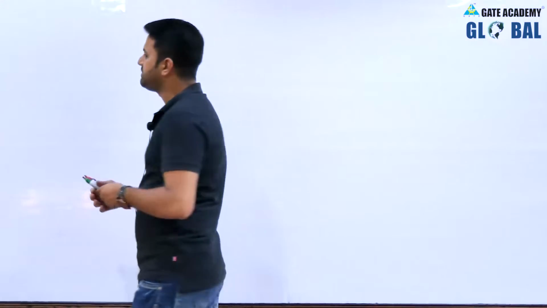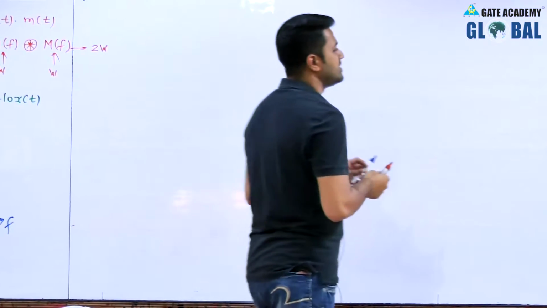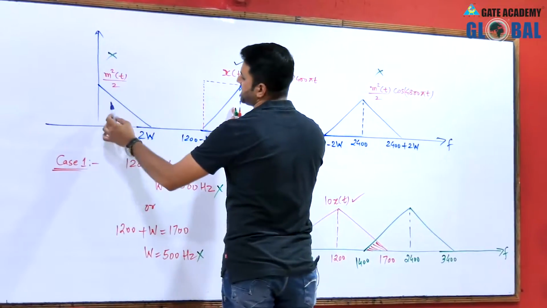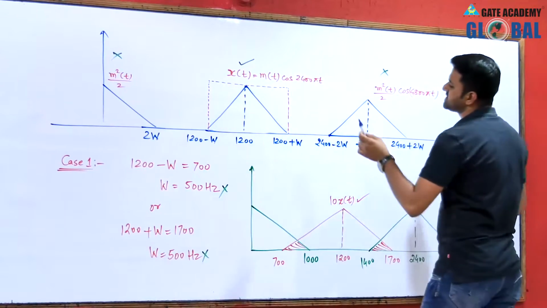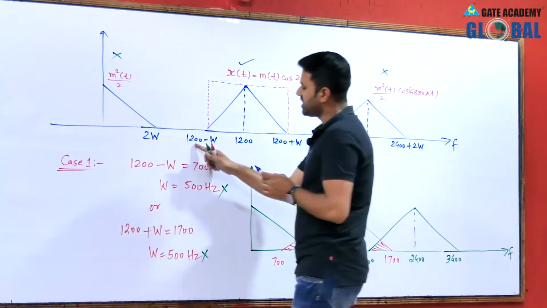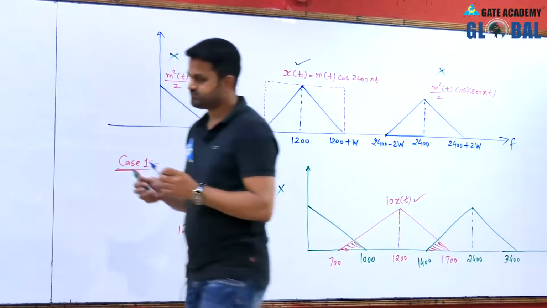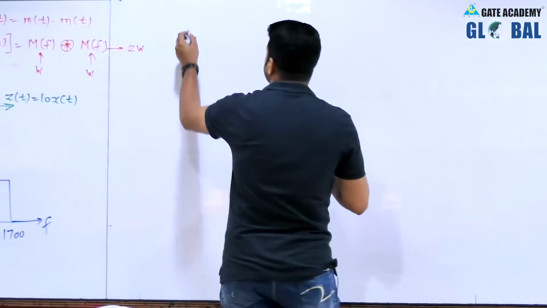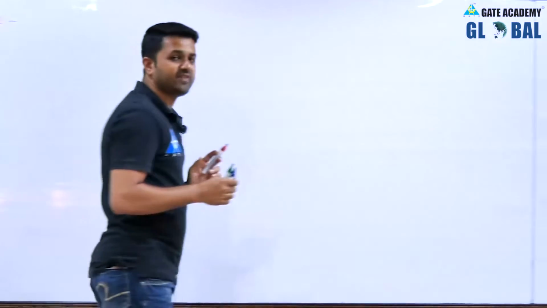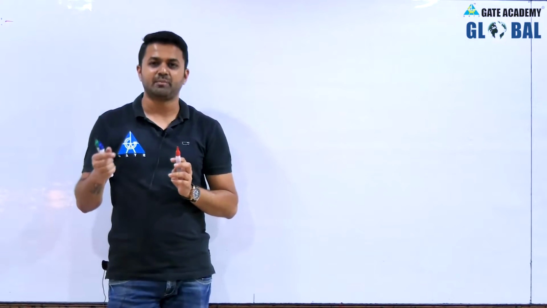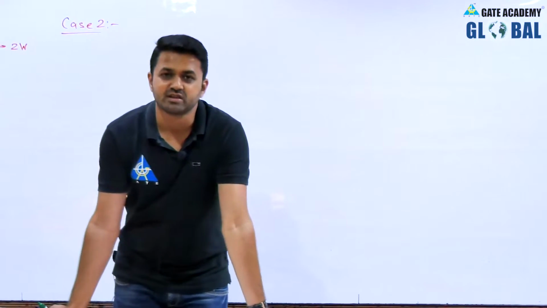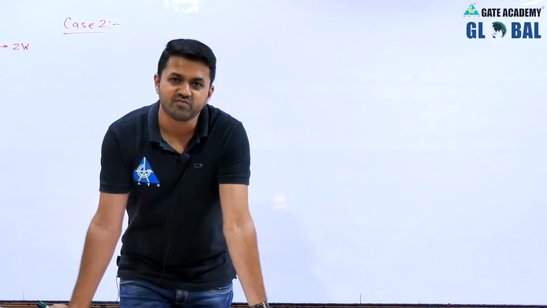To avoid this overlapping, this spectrum should be separated from this spectrum, and this component should be separated from this component. Case 2: in case 1 the components are overlapping with each other, so now we can think that if the spectrum does not overlap, then our problem will be solved.